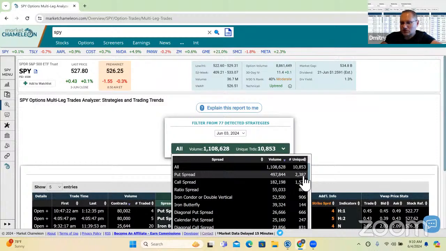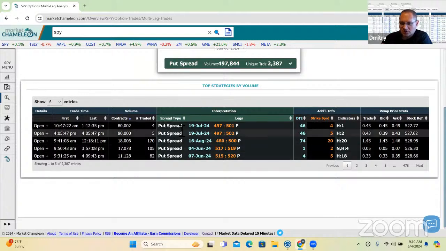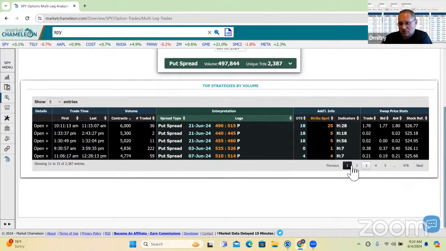And there were 2,387 different combinations, meaning different strikes, different expirations, you could have many different types of combinations. If we click on this put spread, it will filter out all the put spreads that traded. This is the top 5. You can scroll through to the next ones.